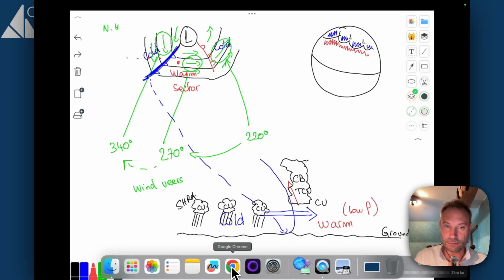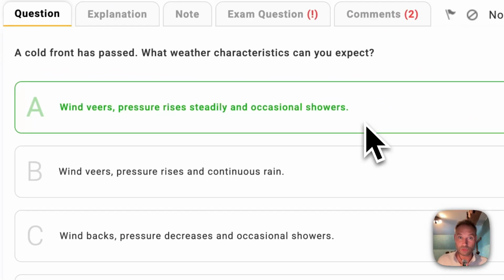And then the last statement was occasional shower instead of continuous rain. Yes, obviously. Why that? Because these showers are associated to convective clouds, so little cumulus that develop because of the physical properties of the cold air mass that is arriving over a warm surface, creating convective activity. And that's it.